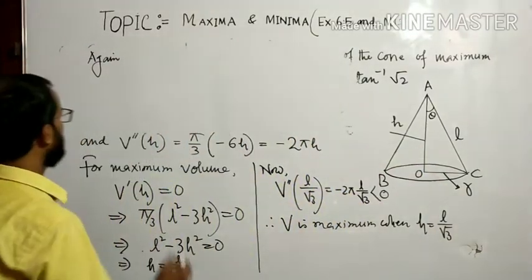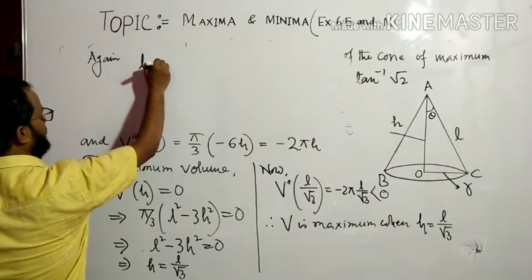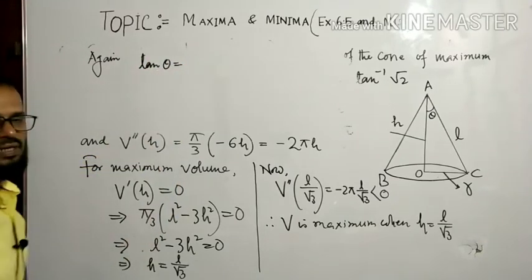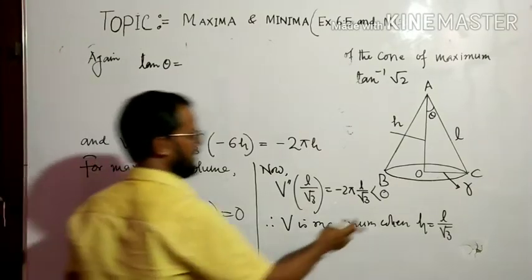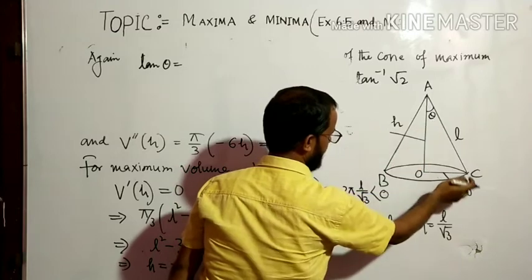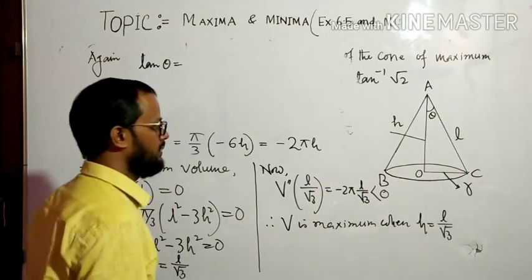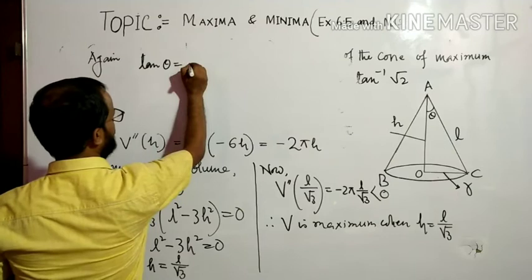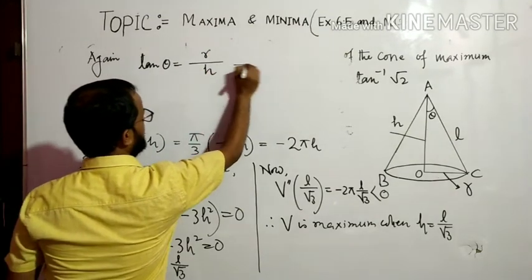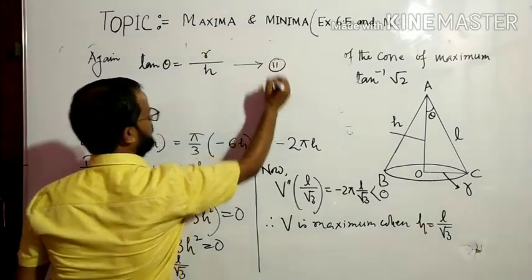Tan theta is equal to what? Perpendicular by base. If this is the theta, this is the base for this triangle, and this is the perpendicular. So ultimately tan theta equal to R by H. This is your relation number 2.